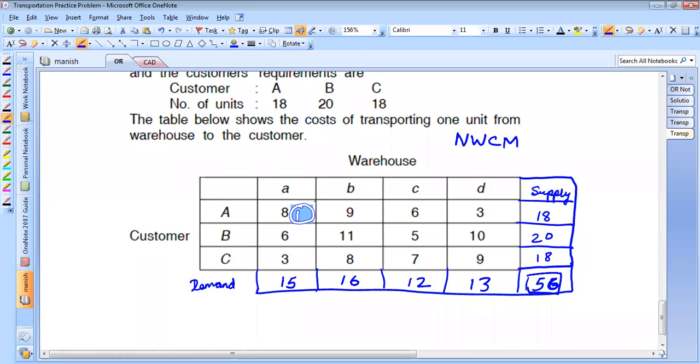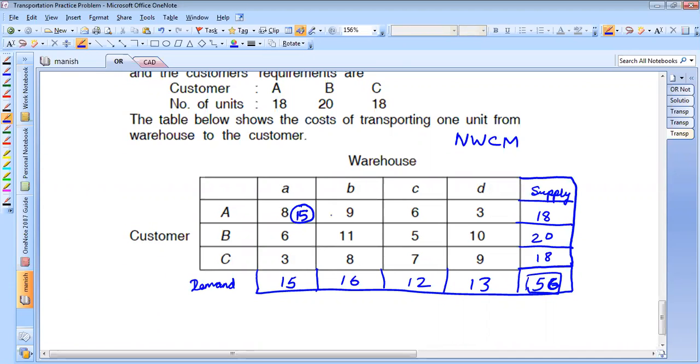Some problem with the connection. Hello, is it audible now, students? Yes, sir. Okay, sorry, there is some problem with the connection today.